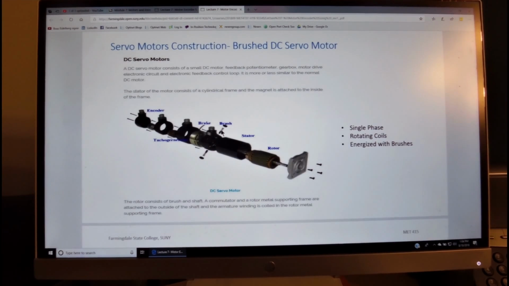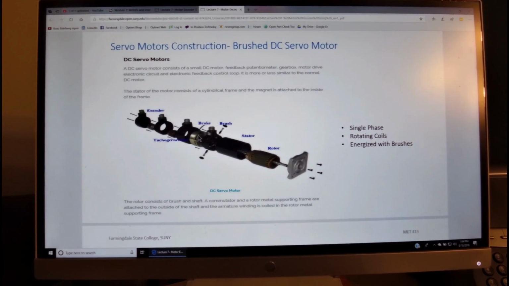These are the weakest element of the brushed type motor. They were the quickest when we talk about brushless. Then the bearings mounted on a shaft are the weakest element that determine the life.